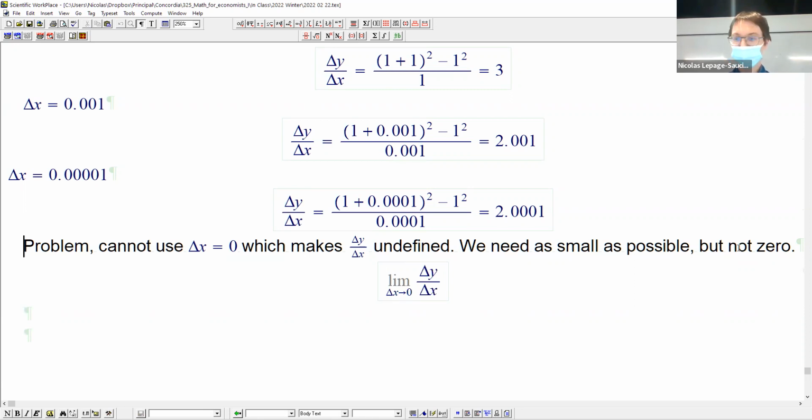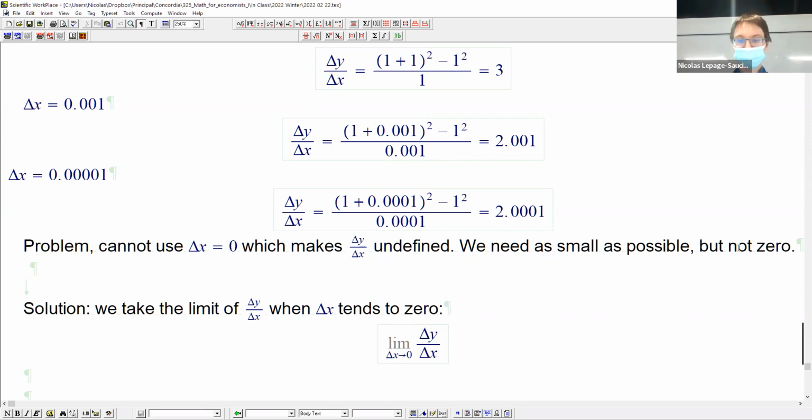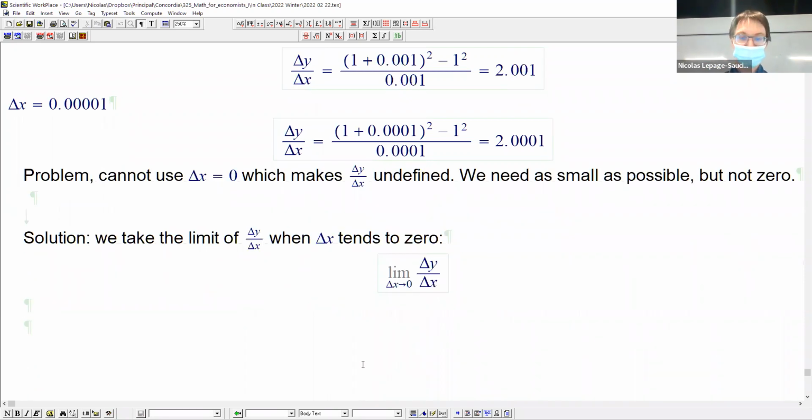So the solution is to take the limit. Of course, I'm going to be much more specific about what I mean by limits and all of these things. So that's what we're going to see today.